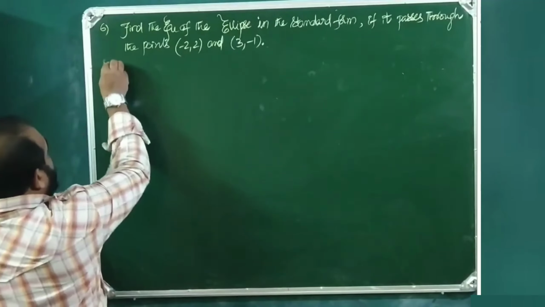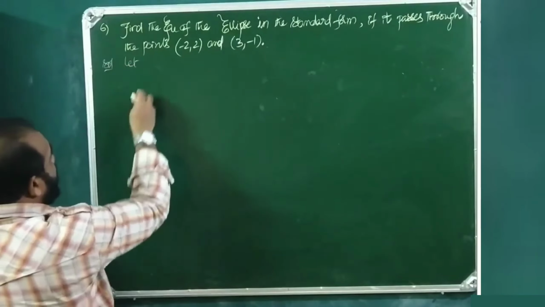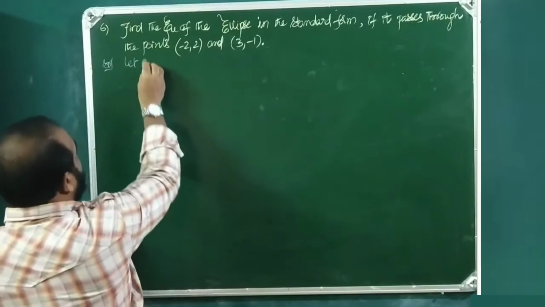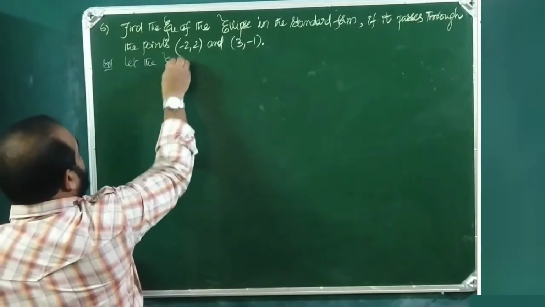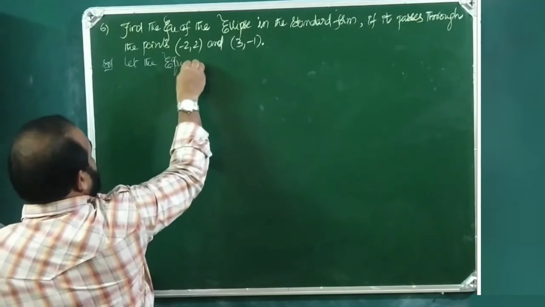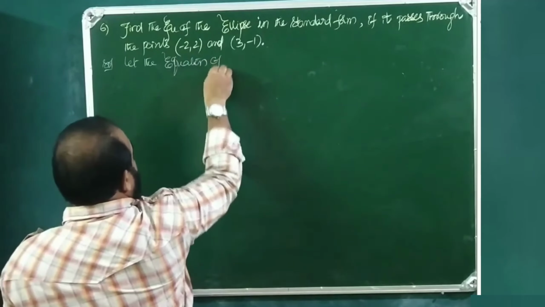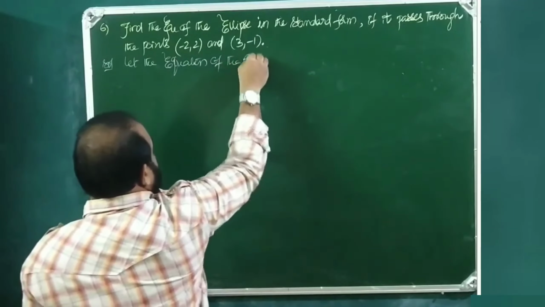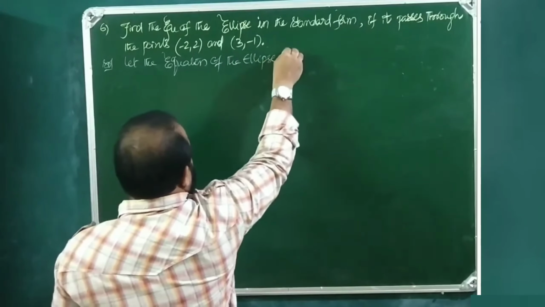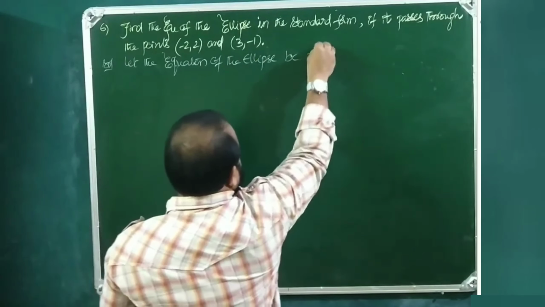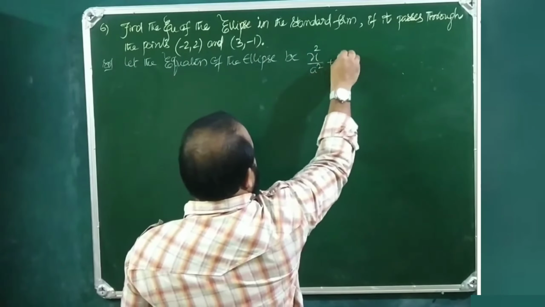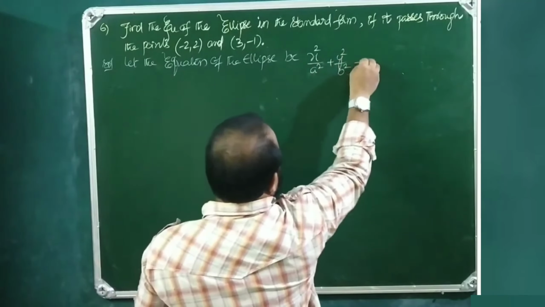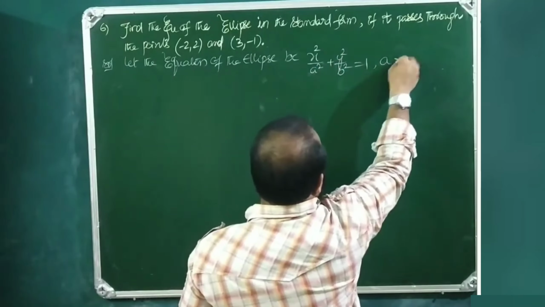So let the equation of the ellipse be x square by a square plus y square by b square equals to 1, where a is greater than b.